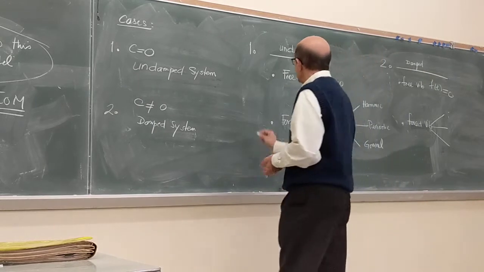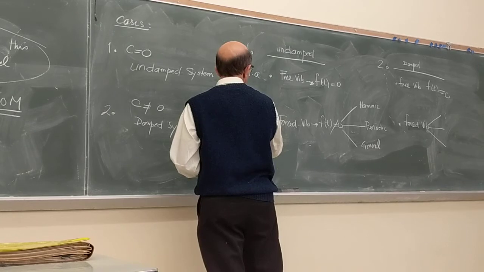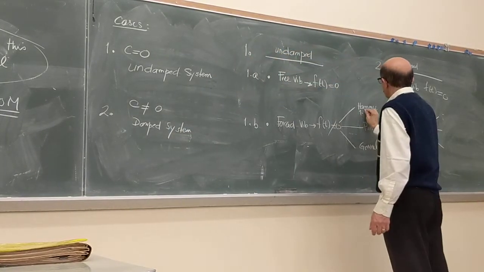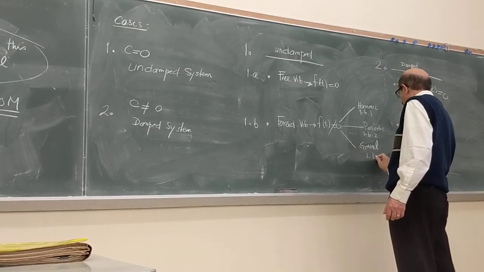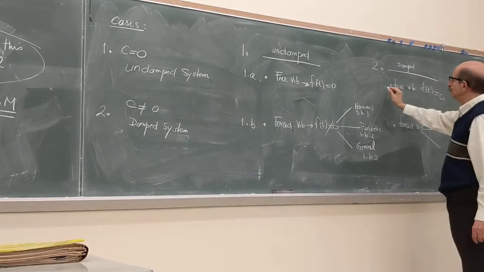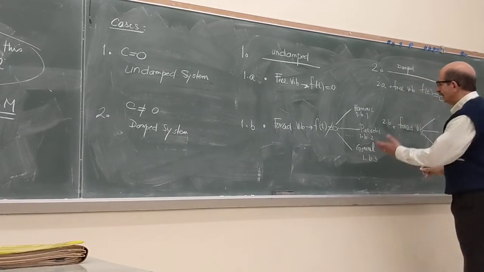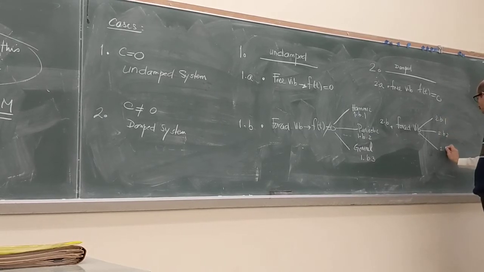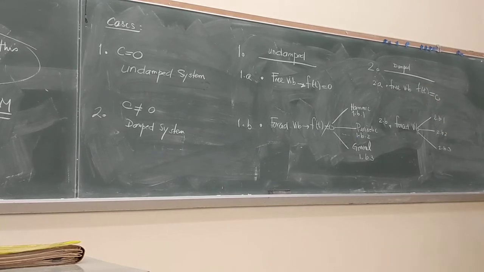If I call this 1A, this becomes 1B, and then this becomes 1B1, 1B2, and 1B3. We are going to study all of these. So this becomes 2A, and this becomes 2B, and so on. So 2B1, 2B2, 2B3. So we study all of these.